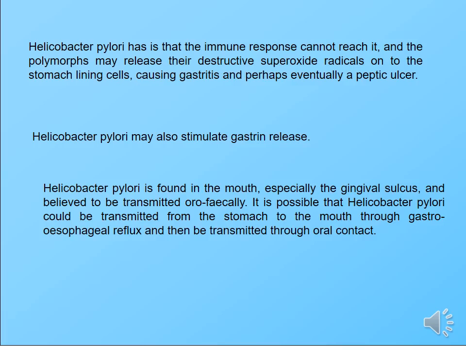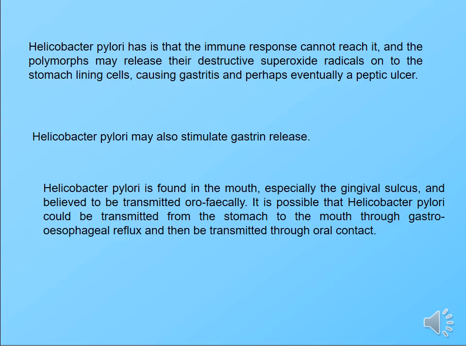Because there is no blood or lymphatic supply within the mucosa of the stomach or duodenum, Helicobacter pylori can grow and lead to simple gastritis or may lead to peptic ulcer.